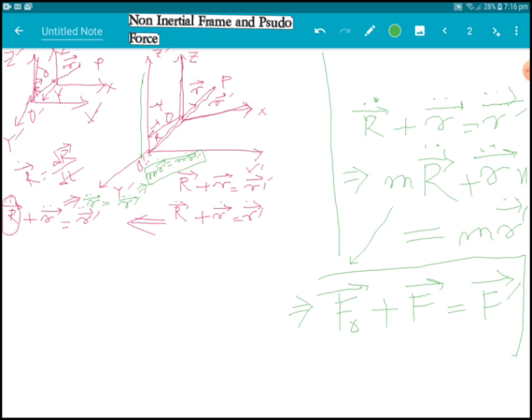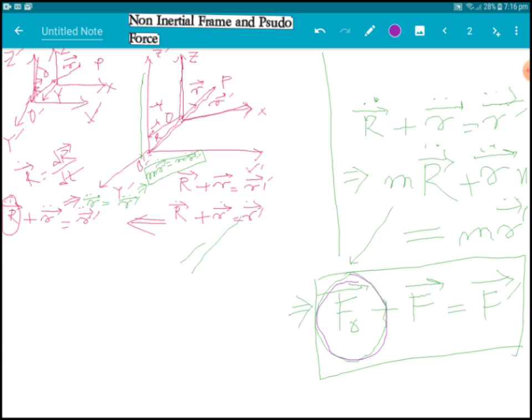Let m r double dot be F, m r dash double dot be F dash, and m capital R double dot be F naught. This is the extra term which arises and which is different from the inertial case. This is known as the fictitious force term.